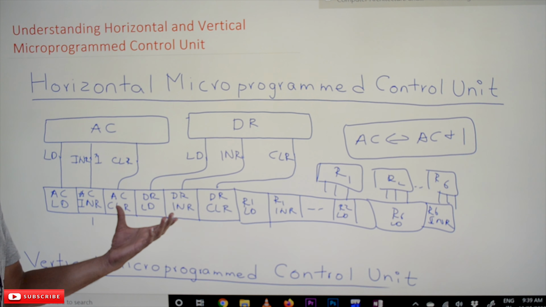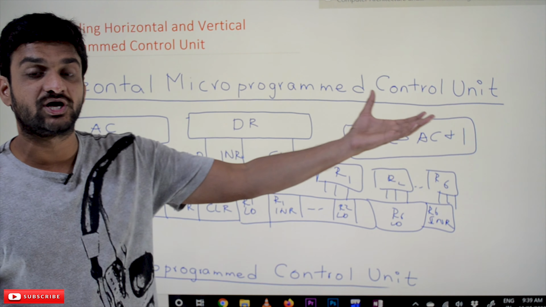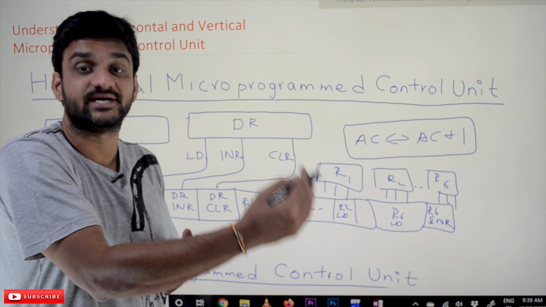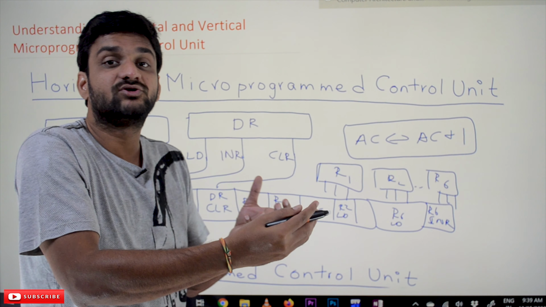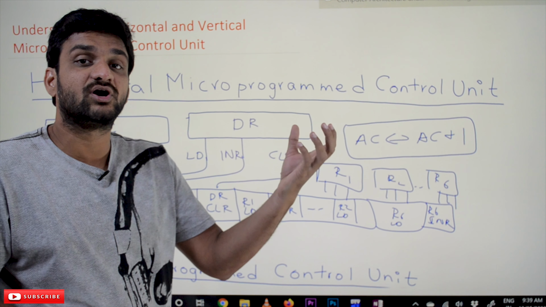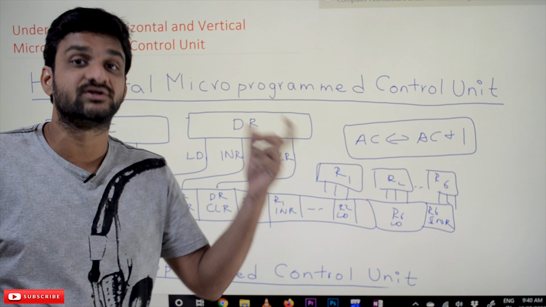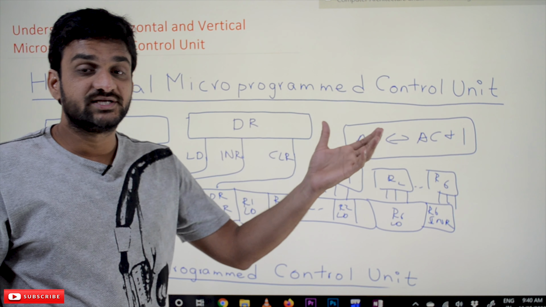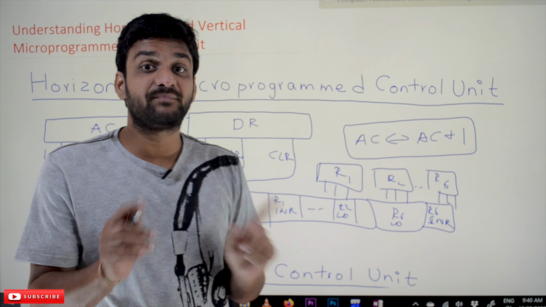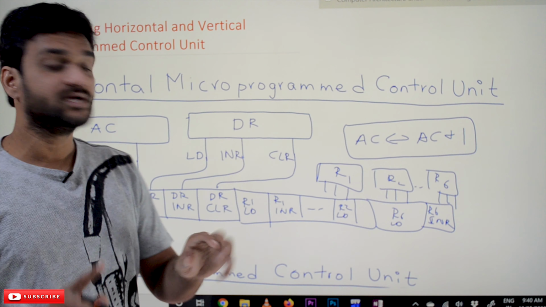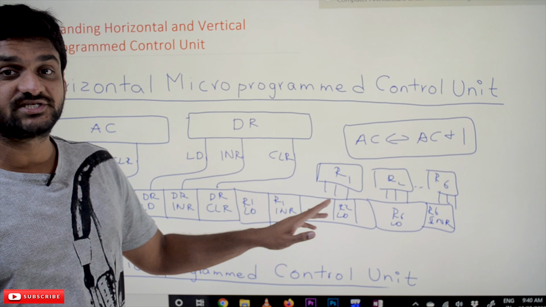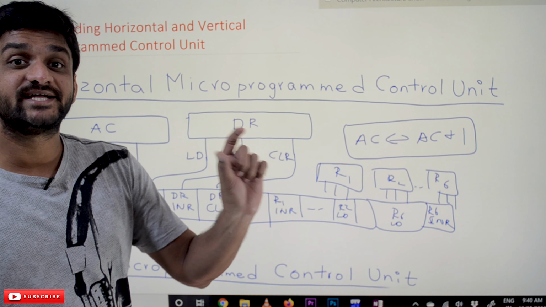All these 24-bit control words will get stored onto the control memory along with the next address. The micro instruction has one section that is the control word and the other that is the next address. Apart from that, this micro instruction will also have status bits.